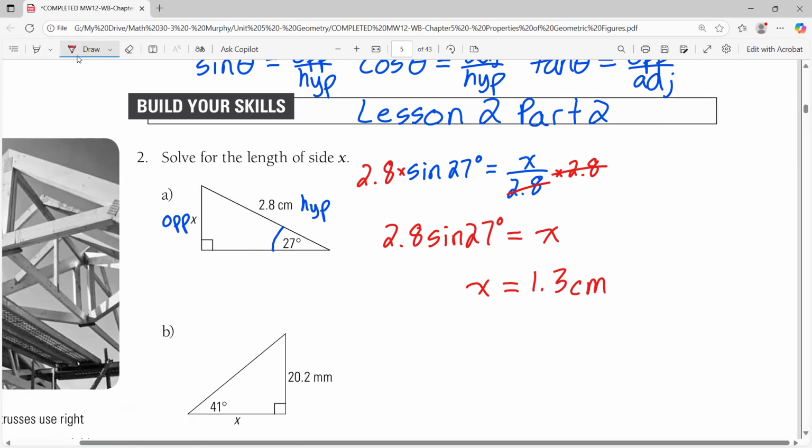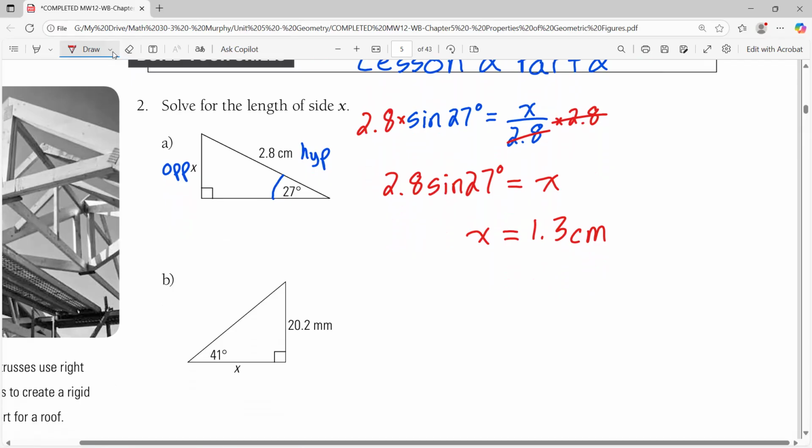Okay, check your answer. Does it make logical sense? Yeah, hypotenuse should be bigger. Looks like it's in the right area.